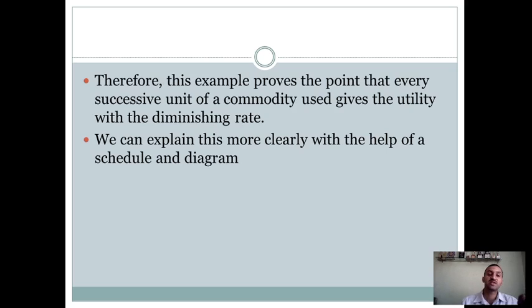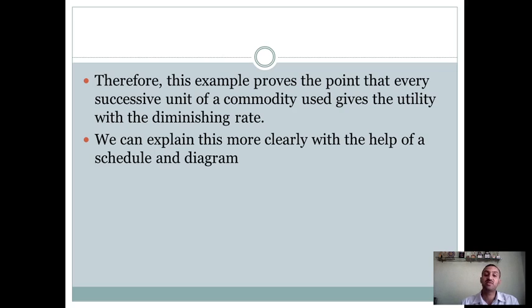Here in the previous example, we saw that one person consuming 6 apples continuously gets less and less satisfaction. Therefore, this example proves the point that every successive unit of any commodity used gives utility at a diminishing rate, which means the utility will be reducing.